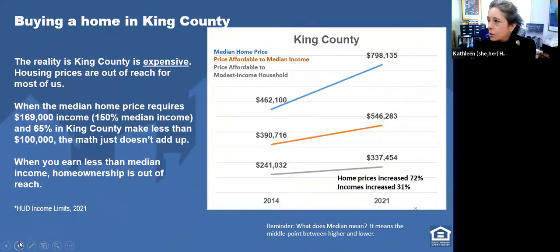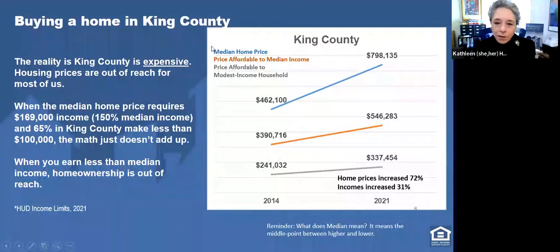What this chart also shows is that the gray line at the bottom is the home that people we serve can afford, and the difference between that and the blue line is what a market rate home costs in our county. So back in 2014, there was a $220,000 difference between the home that was affordable and what market rate price homes could have cost.